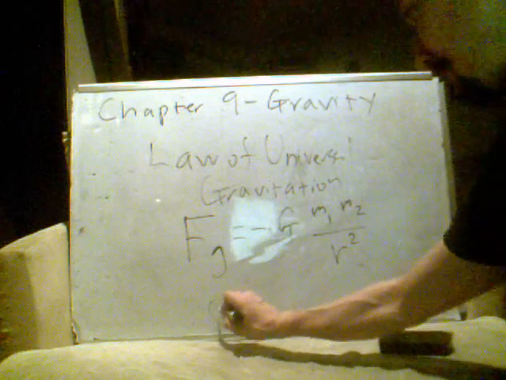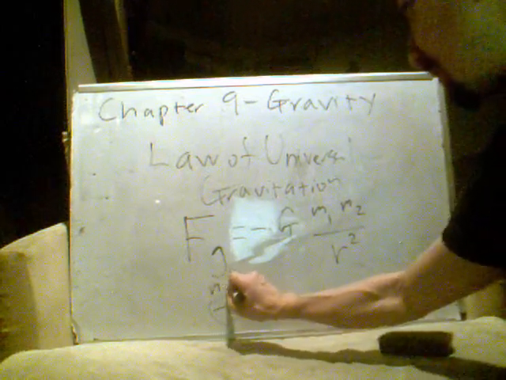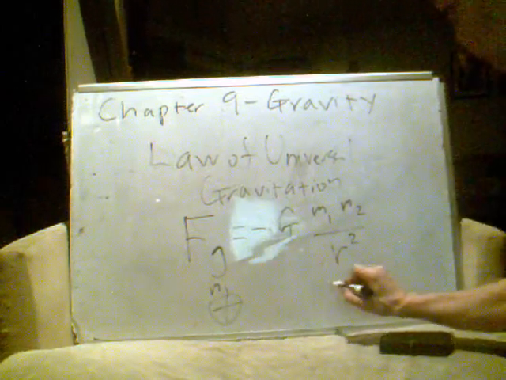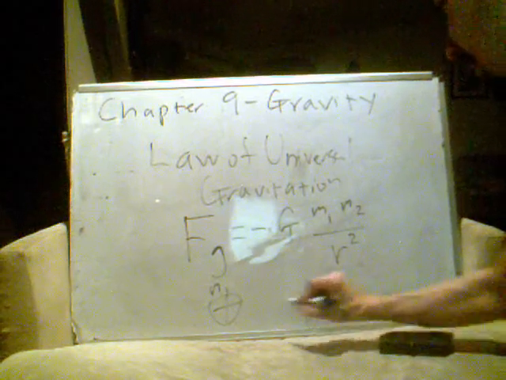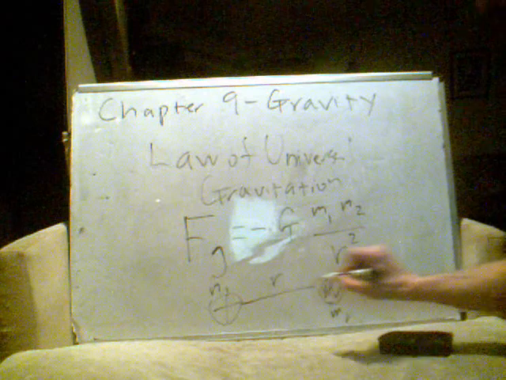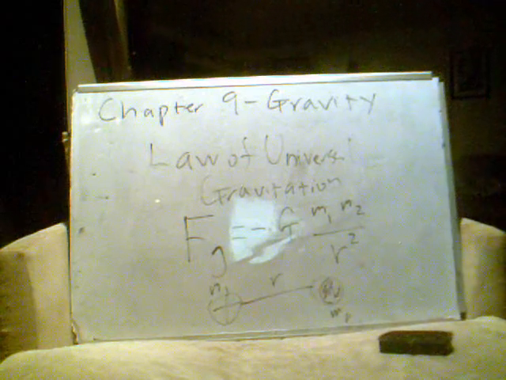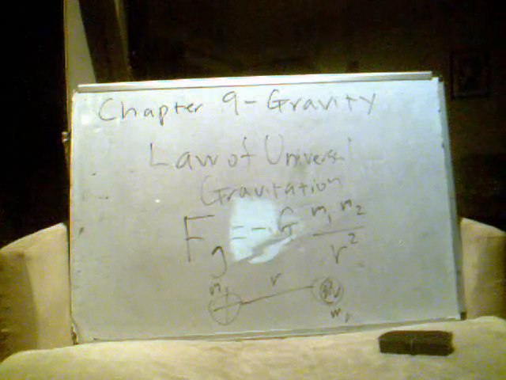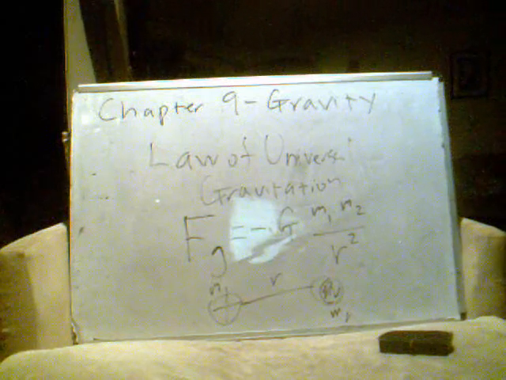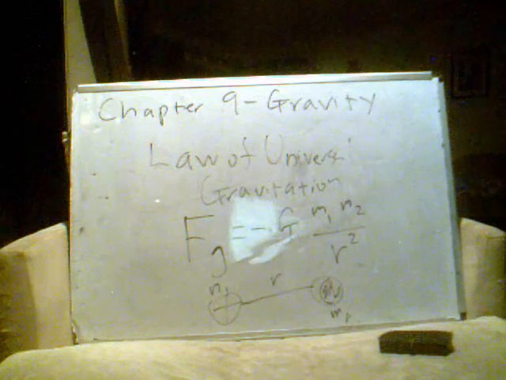Let's say that m1 is the Earth, right? And m2 is the moon. And the distance between them we'll say is r. This equation will tell you exactly how strong the force of gravity is in between these two bodies.